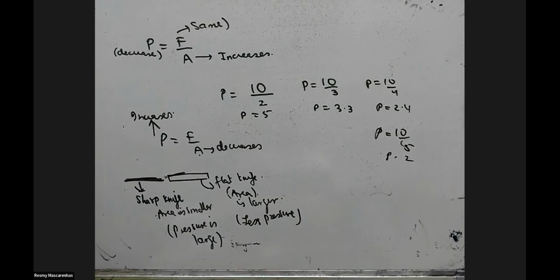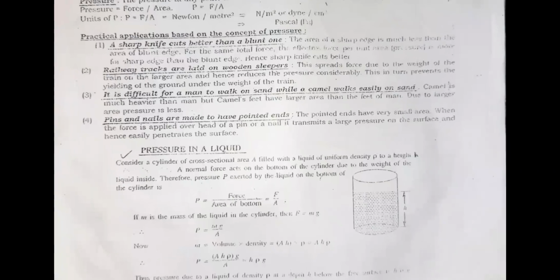Second one: railway tracks are laid on wooden sleepers. Okay, there's something called wooden sleepers which are put. This spreads the force due to the weight of the train on a larger area and hence reduces the pressure considerably.